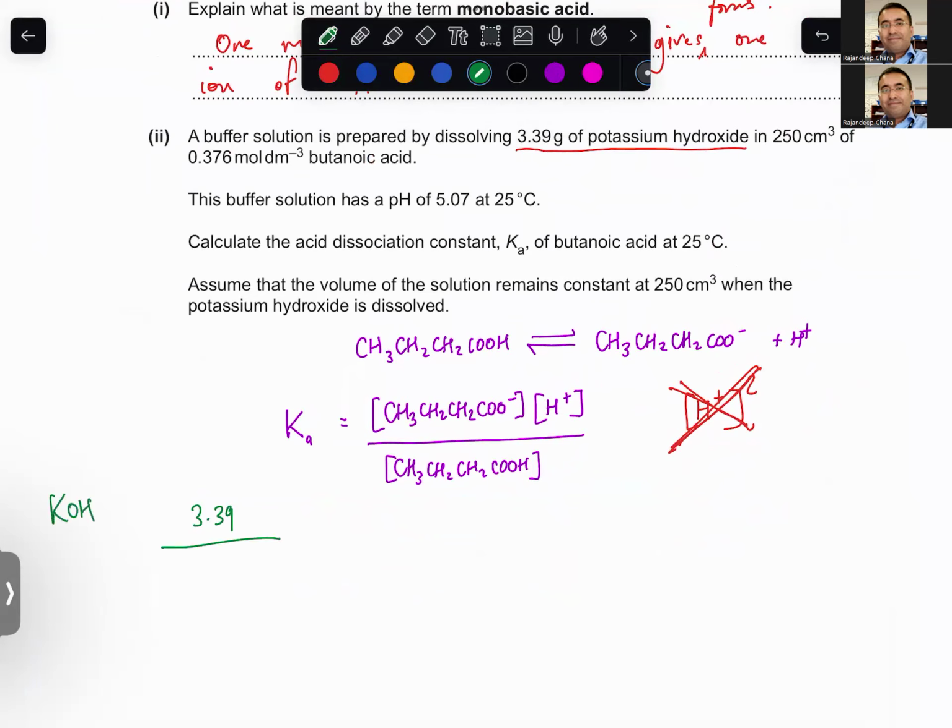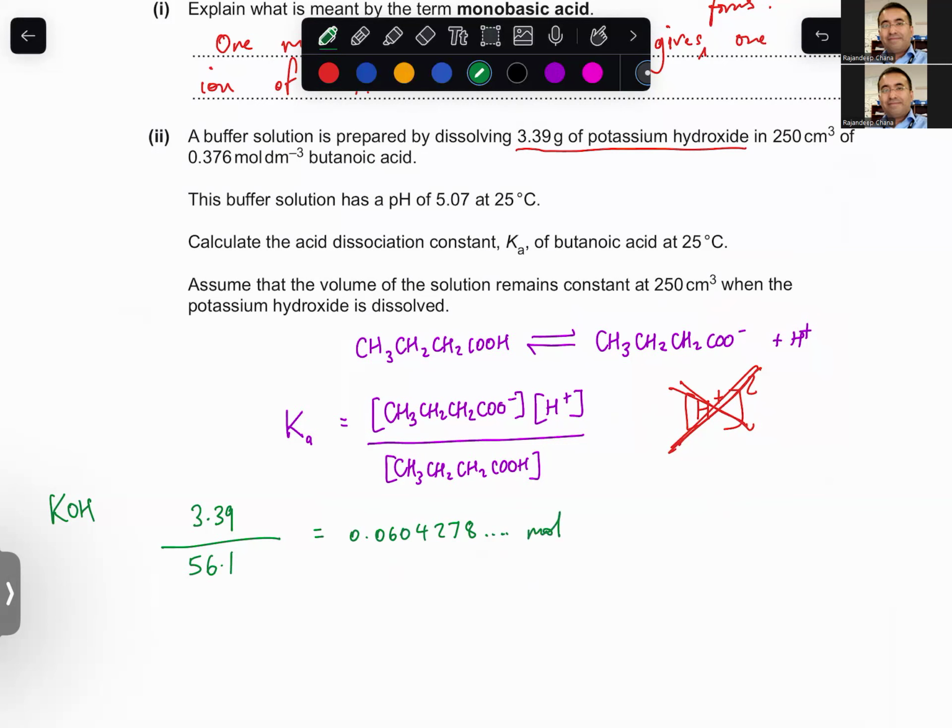Potassium is 39.1 plus 17 is 56.1. Now, we're dissolving that.